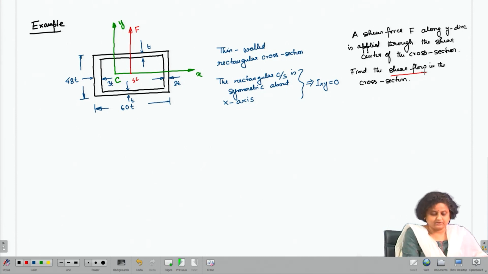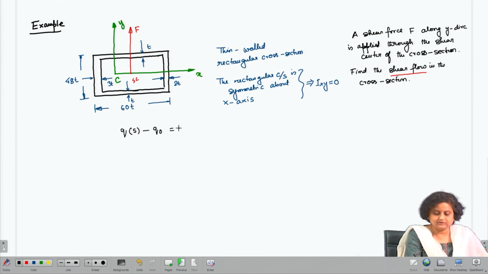That's the problem statement. Now, we know from our previous slide that Qs, I'm just writing this equation again, because we will be using this a lot. So, this is for ready reference.